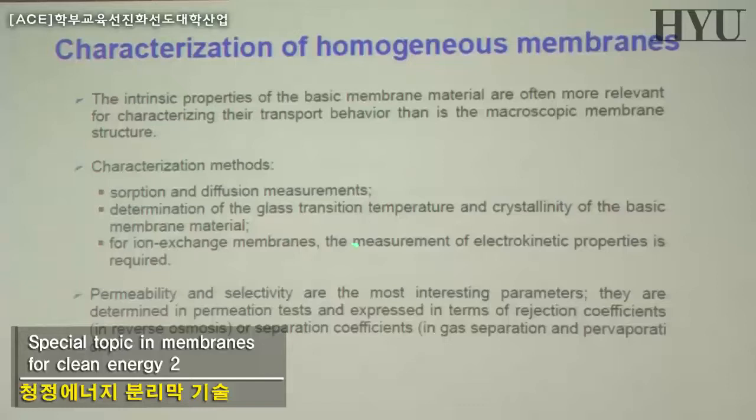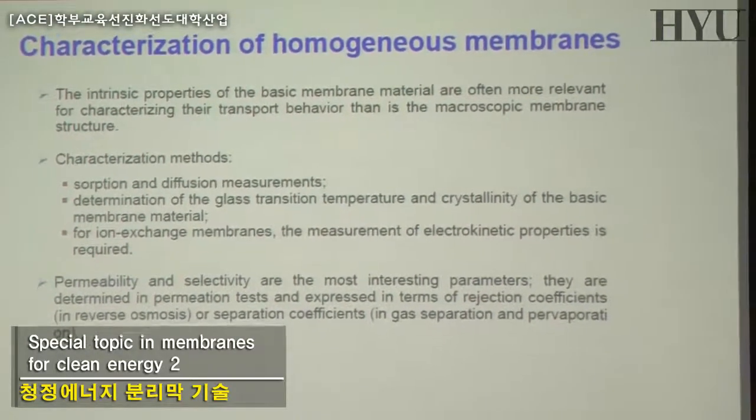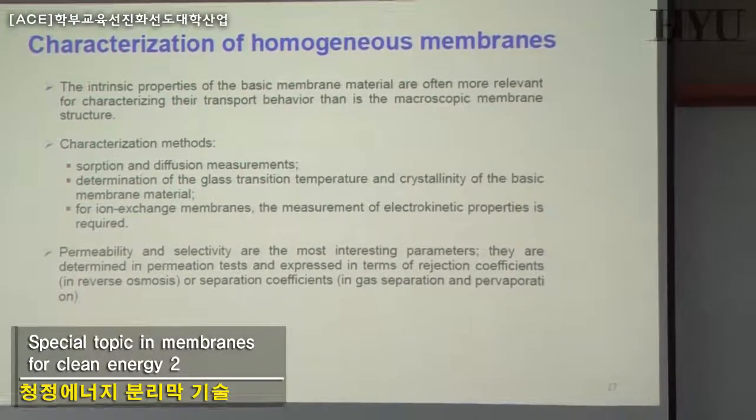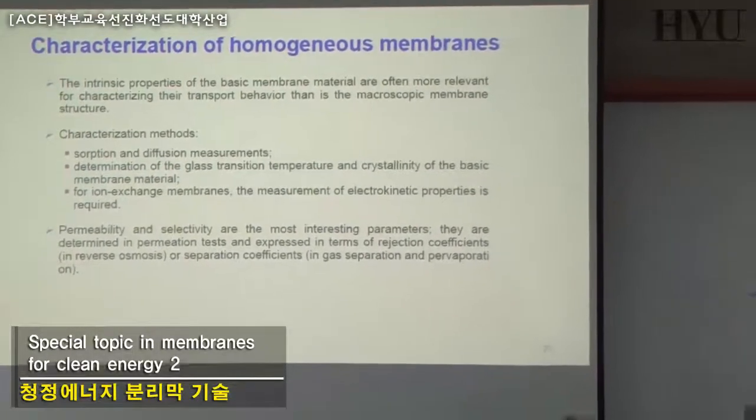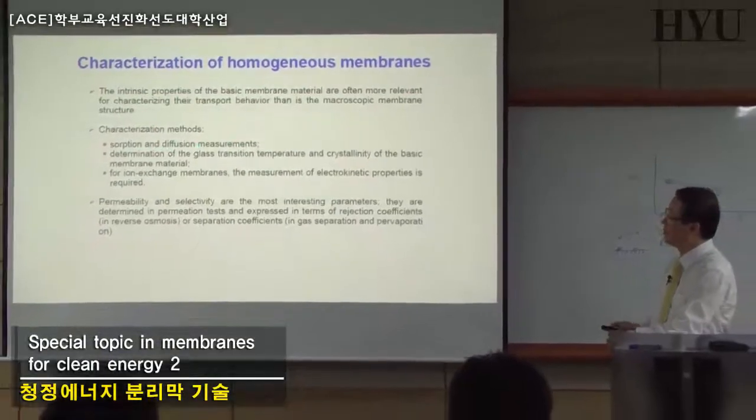What about the sorption and diffusion? If you're dealing with a gas separation membrane, we need to know how well the gas molecule will absorb to the polymeric structure or dissolve. So sorption and dissolution, or diffusion, is one of the methods to measure.